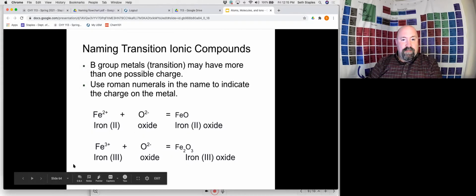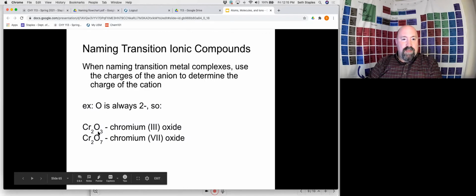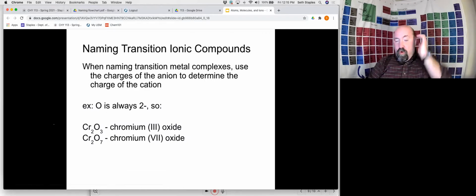In the case of these two examples here, same exact idea, but now we're working with some chromium metal as our transition metal. So Cr2O3, you would go through the same process: 3 oxygens minus 2 for a total of -6. 2 chromiums, in order to get to +6, they each have to be 3.